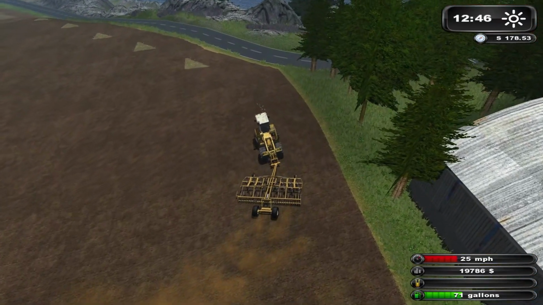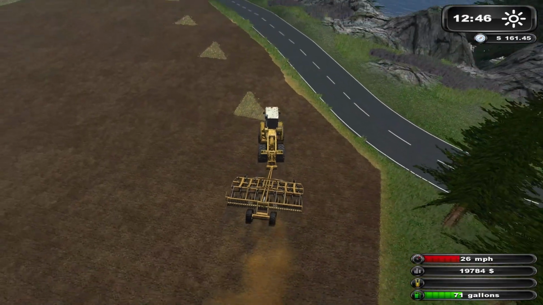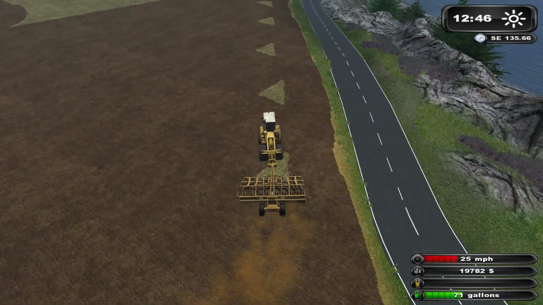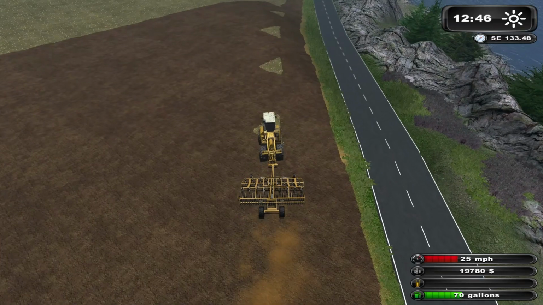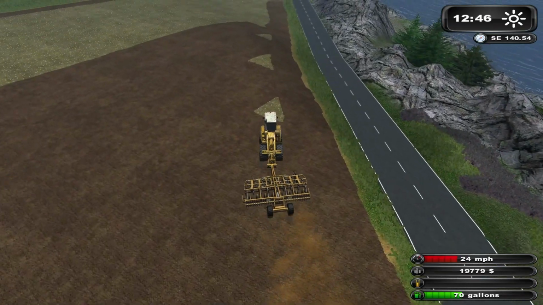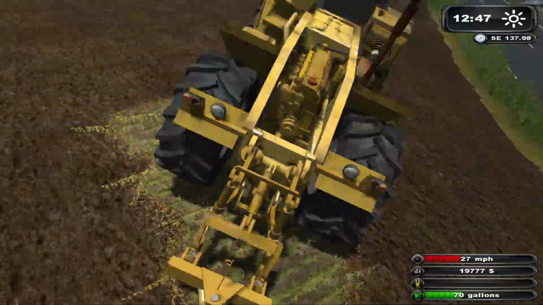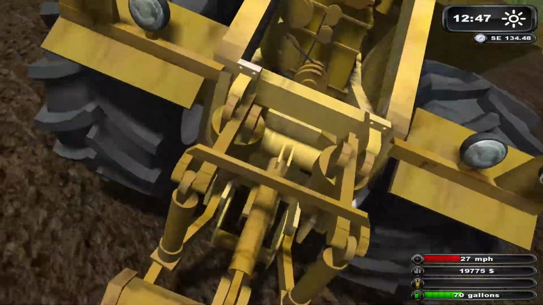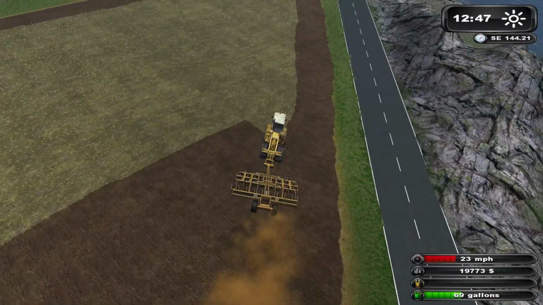But I'll hit it anyhow. Gotta take care of these triangle pieces. See, I kind of think in the newer versions of Farming Sim, when you hire someone, that they wouldn't leave these triangles, but I guess I don't know. Oh, that is terrible. Oh, that is awful. I can't even hardly see.